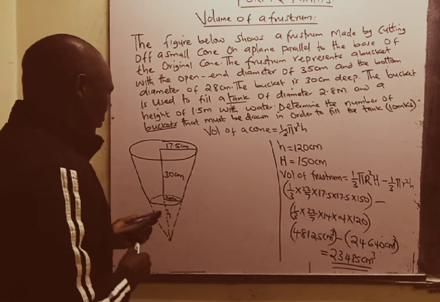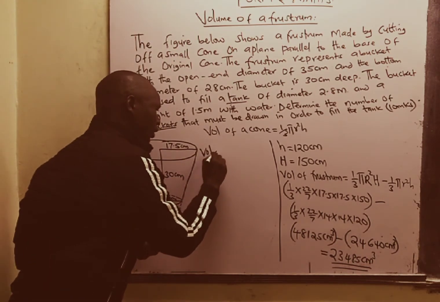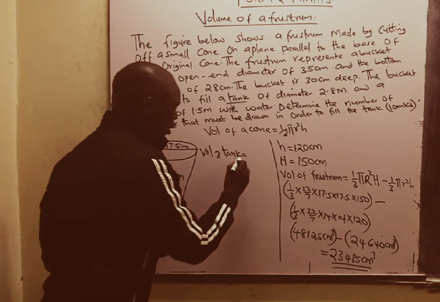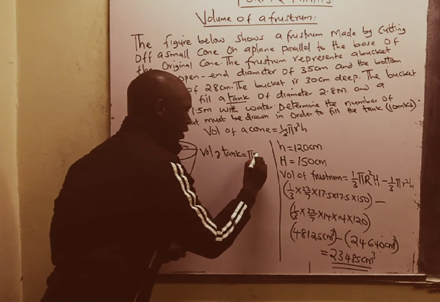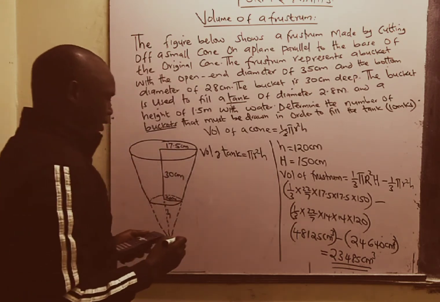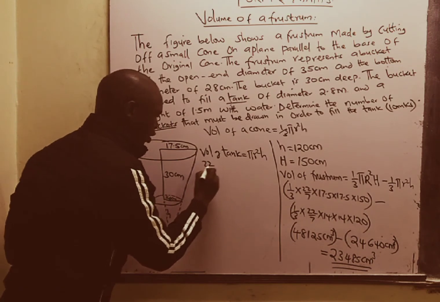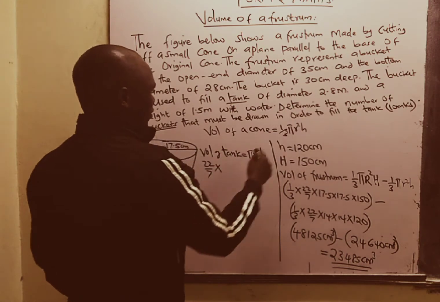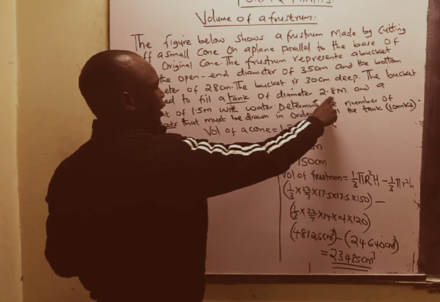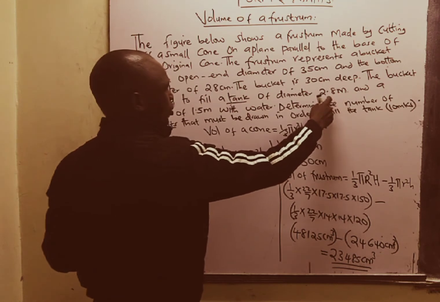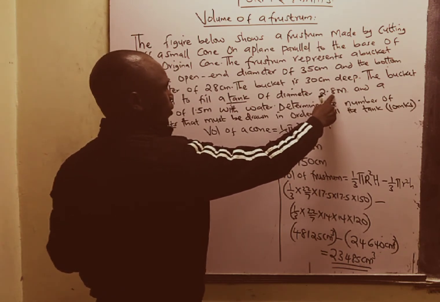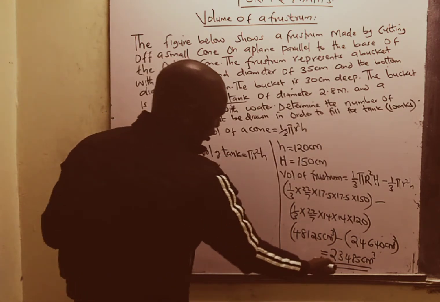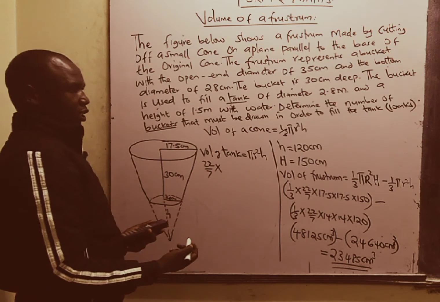So we know the tank is usually in the shape of a cylinder, and to get the volume of a cylinder, we use pi r squared h. In this case, our pi is 22/7 times the radius of the tank. Since the diameter is 2.8 meters, you divide by 2, you get the radius as 1.4 meters. But we can change this into centimeters because the volume of the bucket is in centimeter cubic.